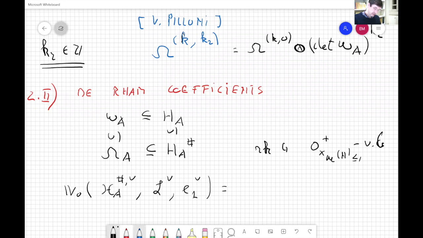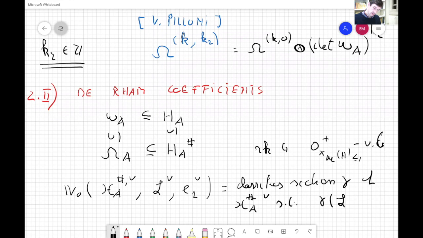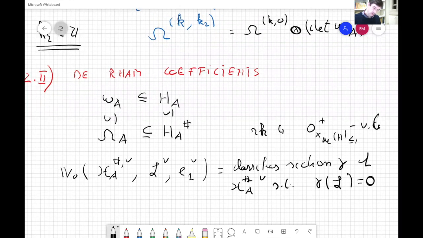So again, this classifies sections, maybe I can change name, gamma of HA sharp dual, such that gamma on L is equal to 0 modulo P. So it's exactly as we did before.